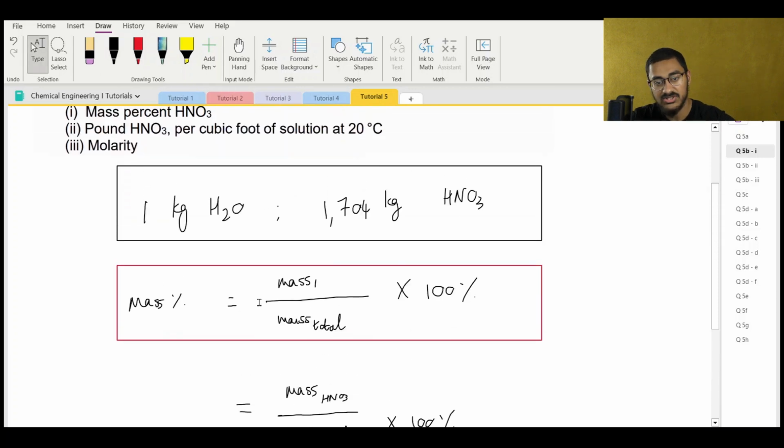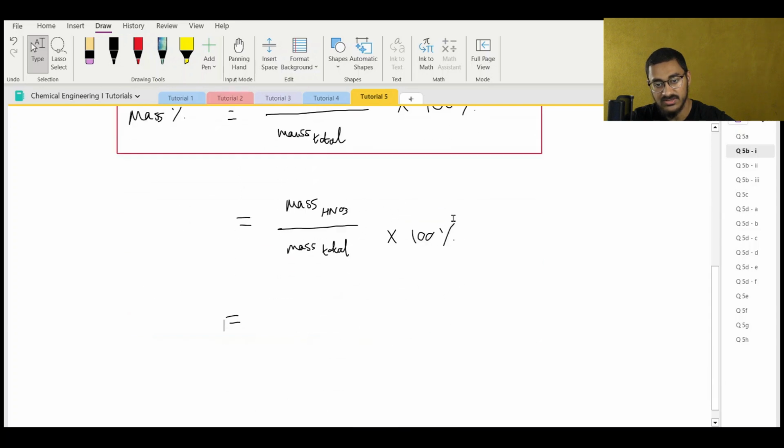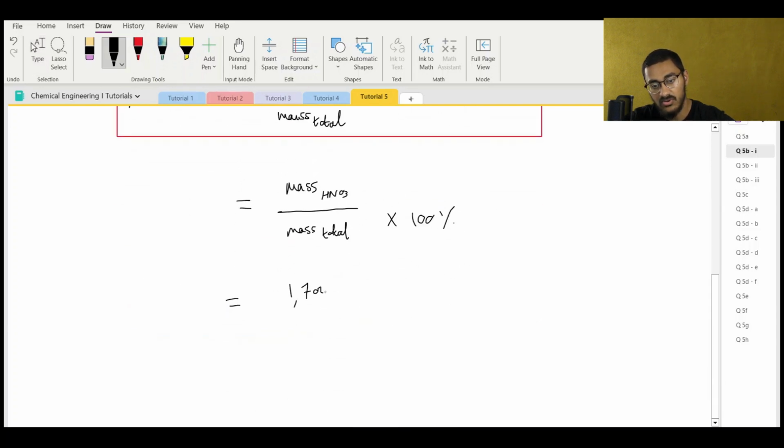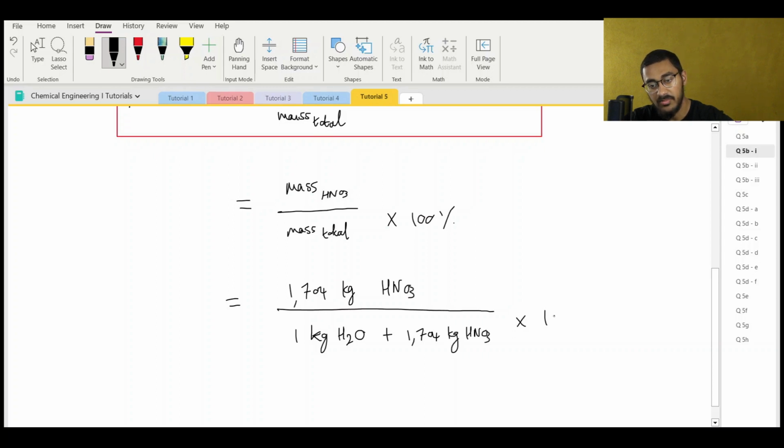If we look at this mass ratio above, I've got 1.704 kilograms of nitric acid, and then I must have 1 kilogram of water. But it's the total mass, right? So I need to add on the mass of the nitric acid as well, and multiply that by 100%.